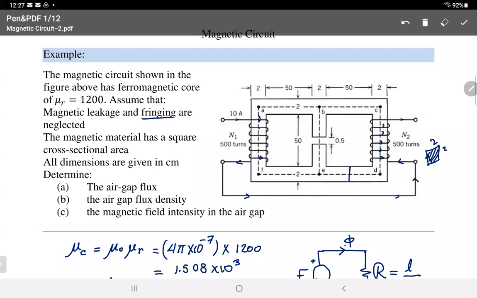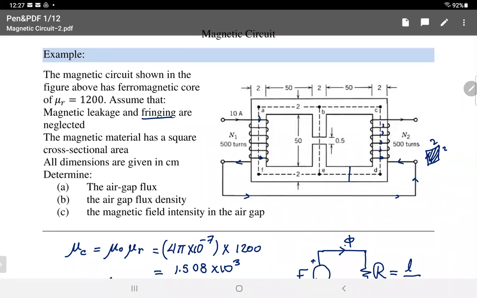So you have on both sides 10 amp in both turns, and each is 500. So we have 2 sources of magnetic field. The magnetomotive force of each is equal to 10 amp times 500, which is 5,000 ampere turns.